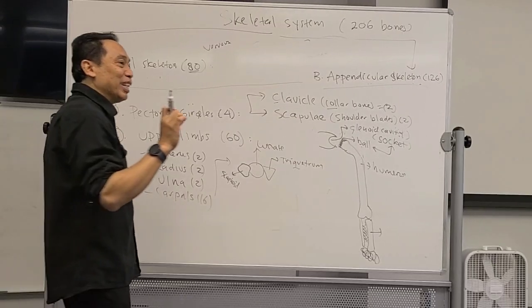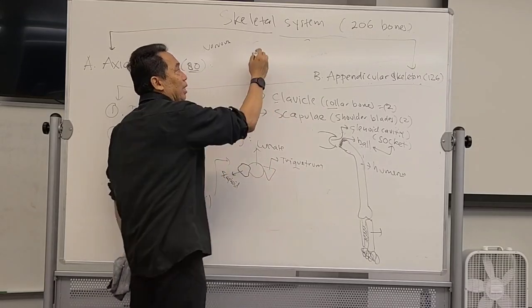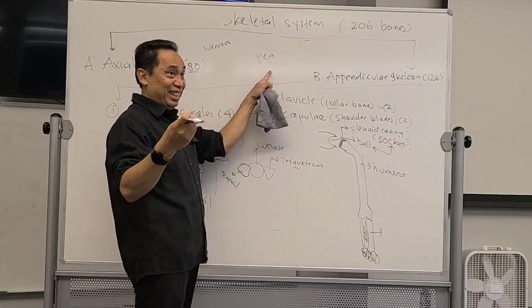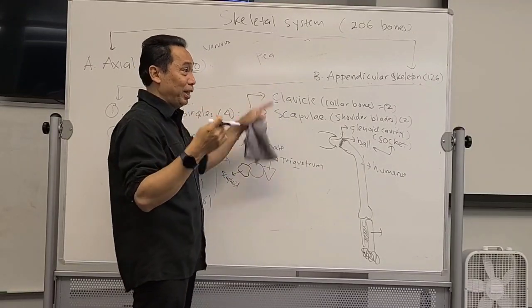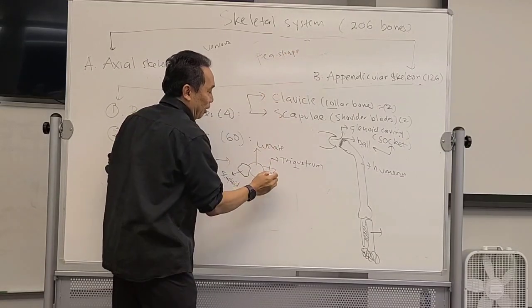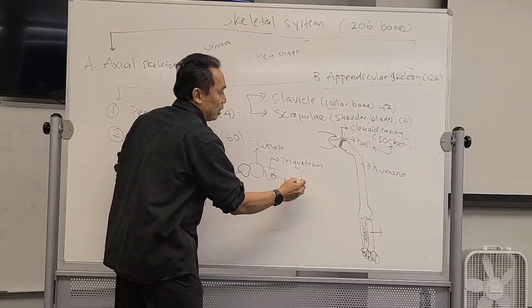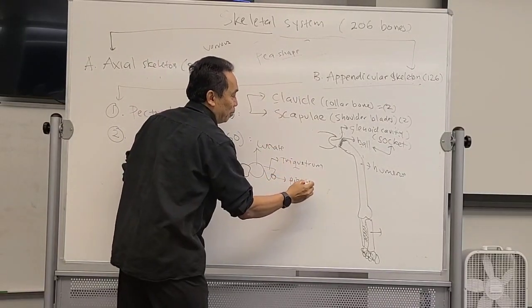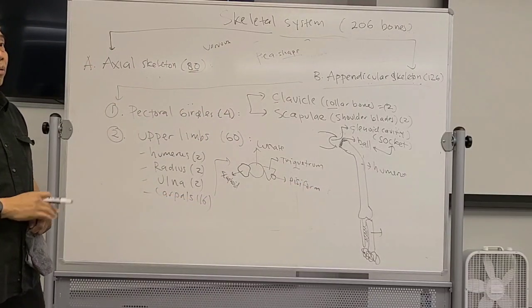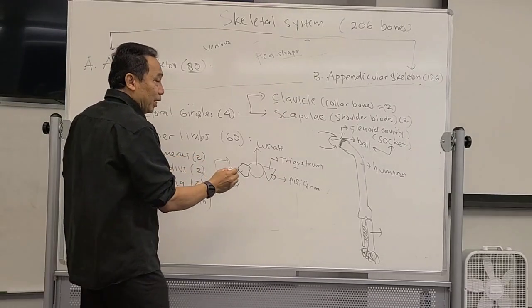And then the last one on the top row is very small, like a pea. The thing that sometimes you eat, a pea. So it is pea-shaped. Therefore, it's called pisiform. That's the top row. Get me?